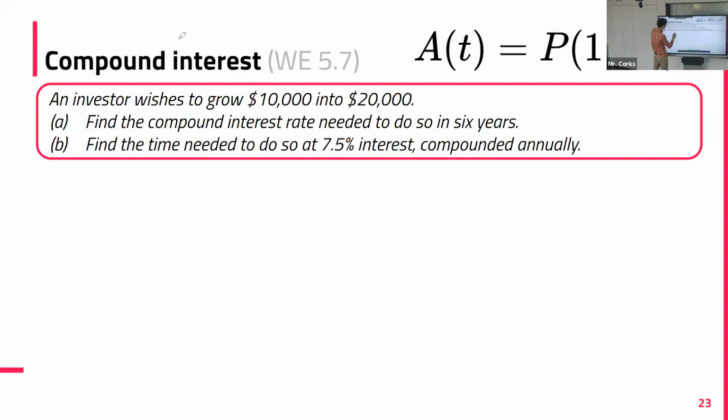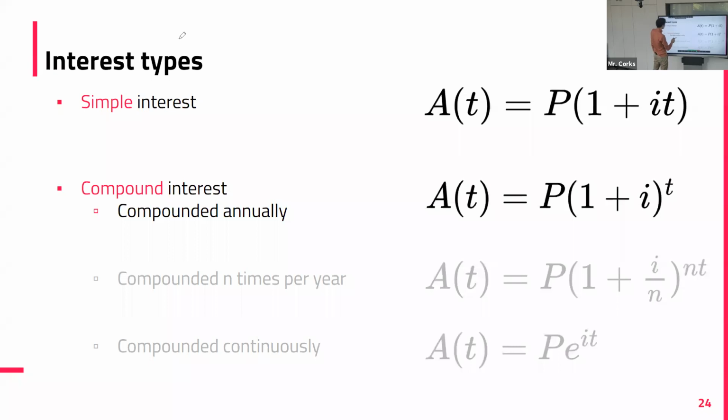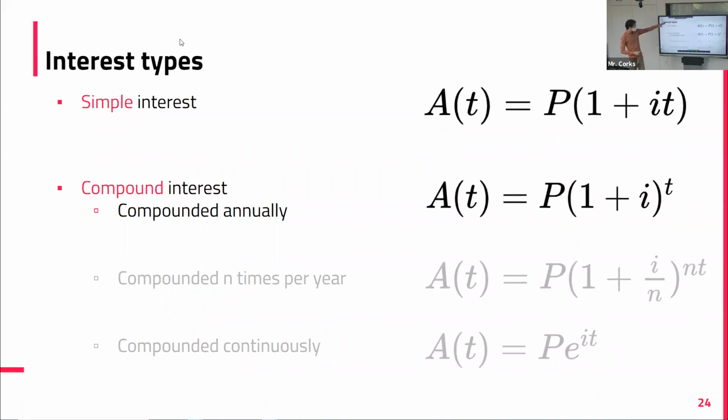Okay, so with the remaining time that we have, I'll mention this quickly here. So we talked about simple interest and compound interest compounded annually. In a finance class or an accounting class, this is going to go a lot deeper, and they will show you how investments could be compounded many times a year, and then there's the formula that would handle that.